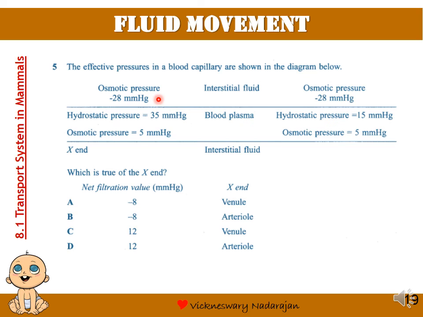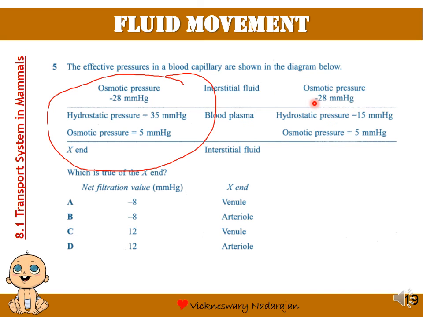When no extra information is given, we can assume that the hydrostatic pressure of the tissue fluid is 0. Now the question wants us to find out which statement is true of the x end. So our focus should only be on the x end.